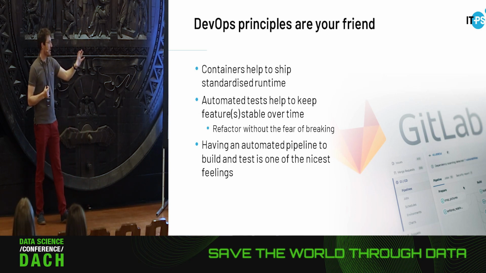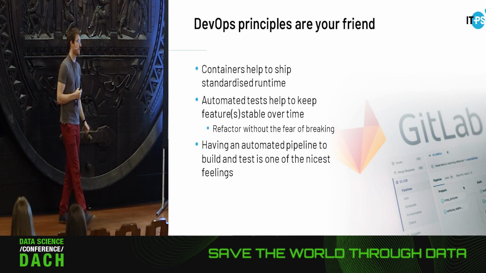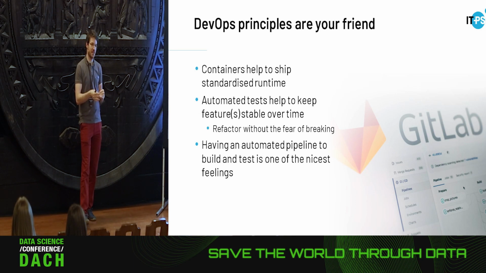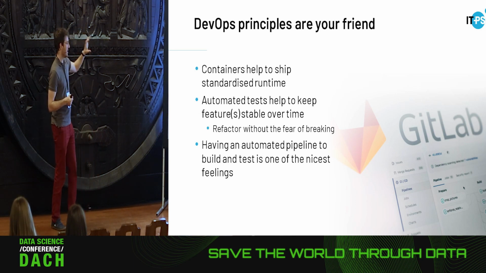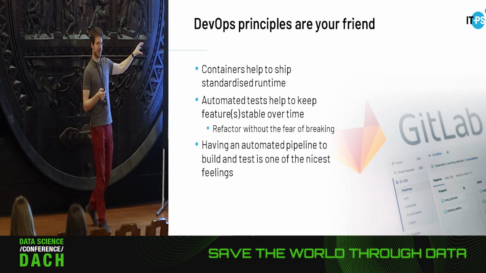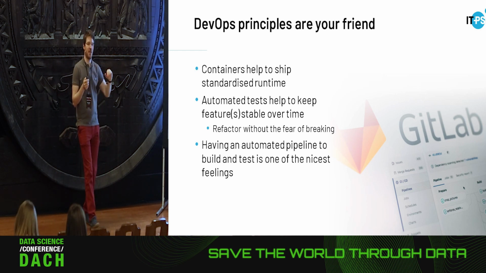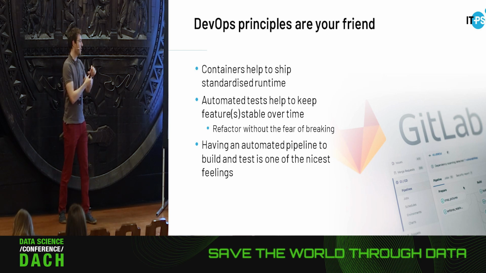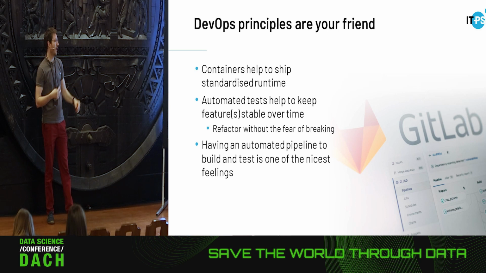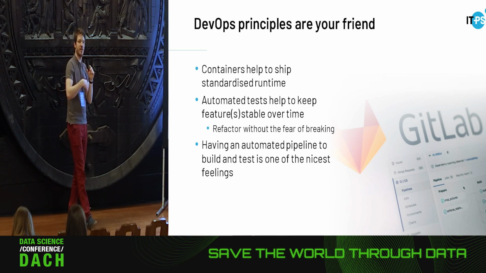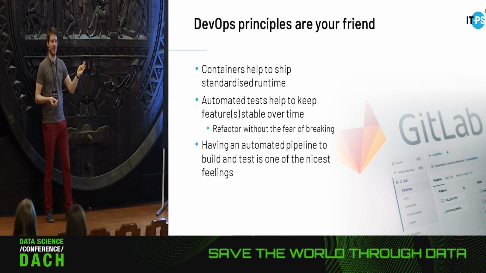But all of these principles that you know from DevOps to automate things, to test things, to have unit tests, they really help. And especially testing, because it helps you to refactor code without having any fear of breaking stuff. And also, when we have multiple people in the team working on this tool, and sometimes there are weeks in between me working on it, and I have no idea what happened in the backend.